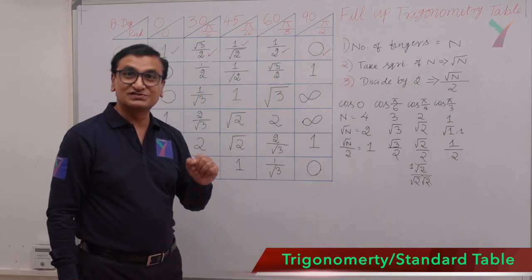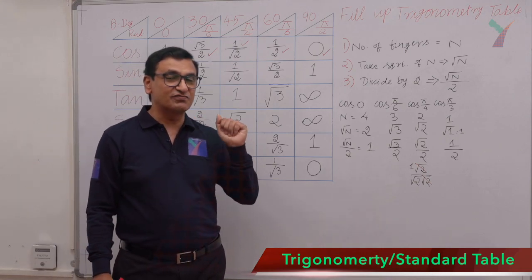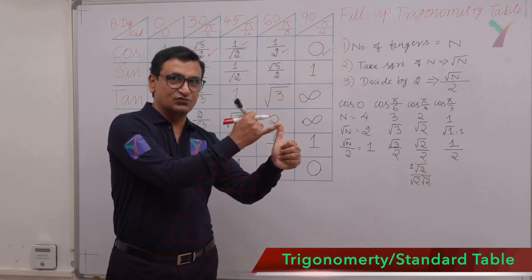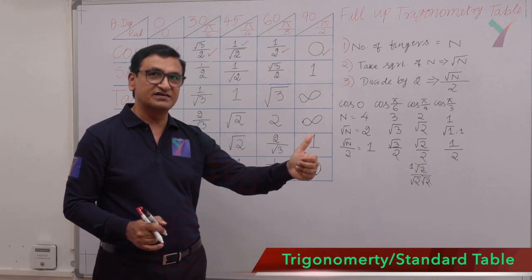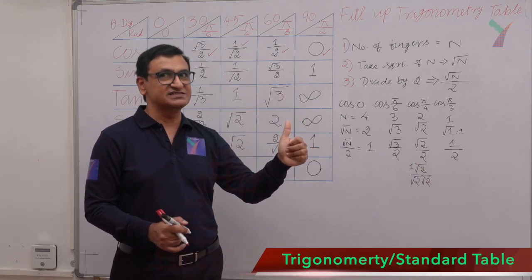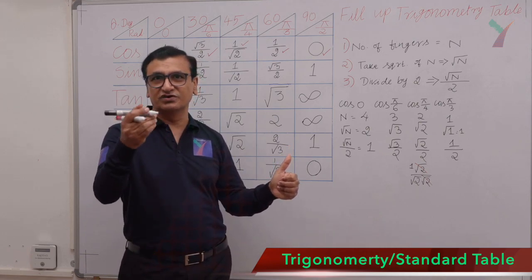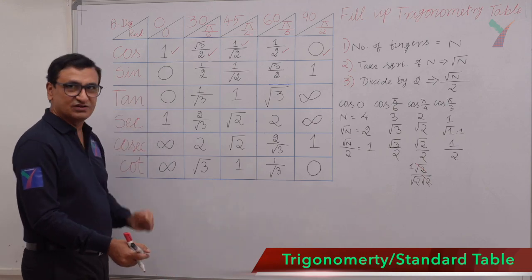Now let's come to sine theta. In sine, remember, you have to count the number of fingers open. Okay, so let's start. Place value holder for 0 is thumb. So sine 0, number of fingers open is 0. So 0 square root is 0. So 0 divided by 2 is nothing but 0. So sine 0 is 0.